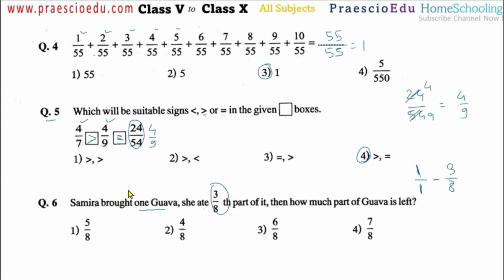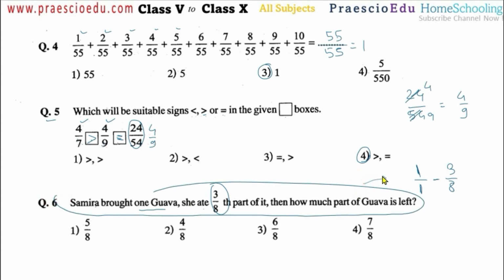So from this word problem, we have converted it to a mathematical operation. Always we do the same: the word problem has to be understood first, then converted to the mathematical operation, and here the subtraction is the operation, and it has to be solved. Now here 1 and 8, 1 multiplied by 8 is 8.